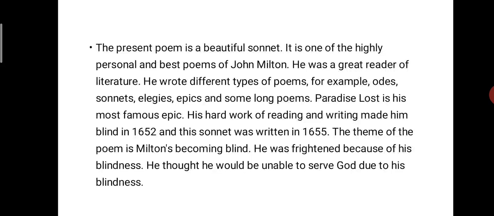The theme of the poem is Milton's becoming blind. He was frightened because of his blindness. He thought he would be unable to serve God due to his blindness. See how two questions are answered in this particular paragraph: the type of the poem is a sonnet, and what the theme of the poem is and why he wrote this poem on his blindness, because the poet himself became blind in 1652 and the sonnet was written in 1655.